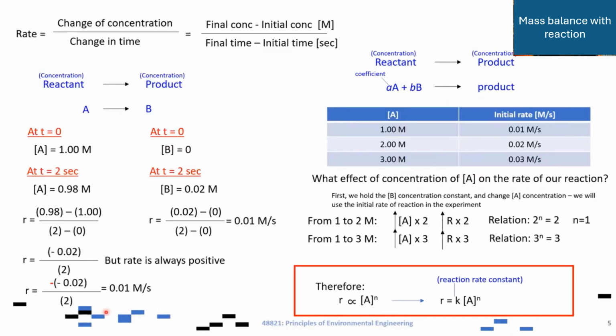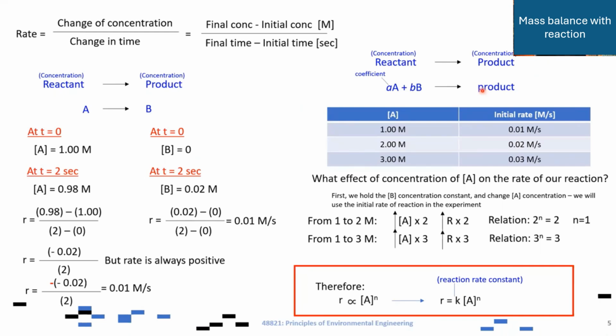So in this case, we have the rate of reaction as 0.01 molar per second, which is basically the same as the rate of reaction for the product as well, because there is only one reactant and one product in this case.